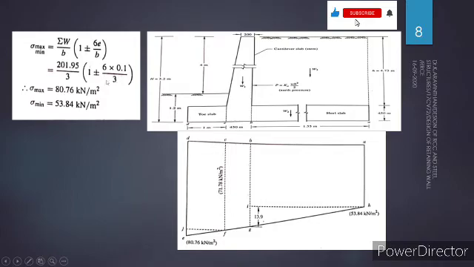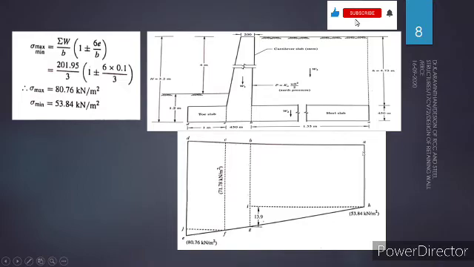So if you substitute with plus or minus, you will get a maximum of 80.76, which is the force acting at the D point, and the minimum force at the point A will be 53. If you draw a line after projecting the points, you will get a trapezoid here. So this is the force distribution or the stress distribution to the soil.